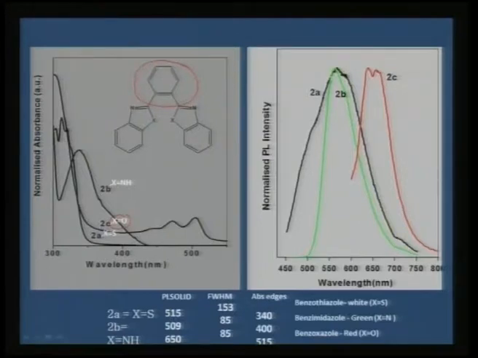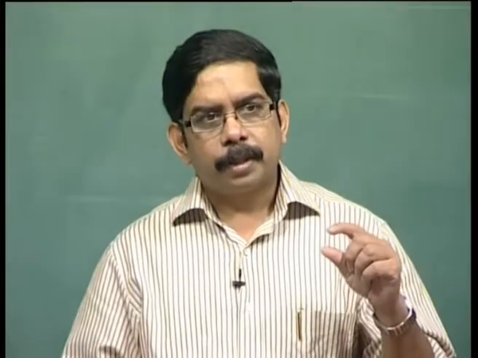You see here oxazole, after a sharp band edge around 350 nanometers, you see that there is a tailing, and this extends up to the entire visible region. Oxazole seemingly is having a band gap which is much lower.